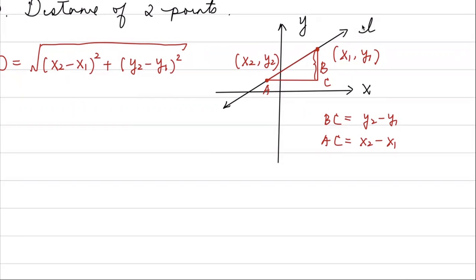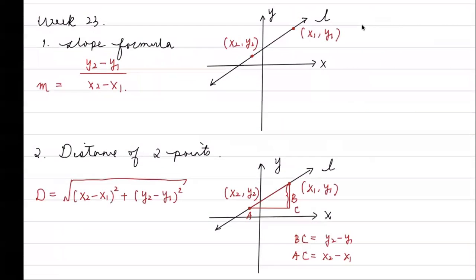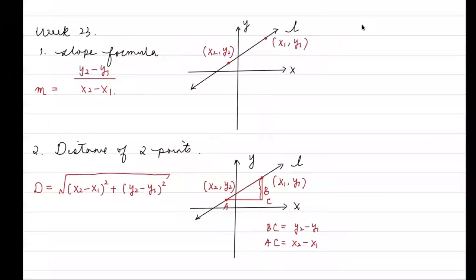That's the logic behind it. In the whole week 23 class, we only learned these 2 formulas. Now let's start looking at the questions. Keep these 2 formulas in mind, because they are very, very important.